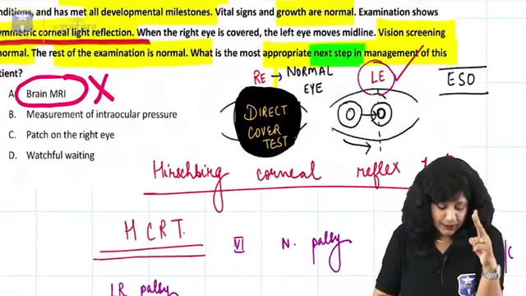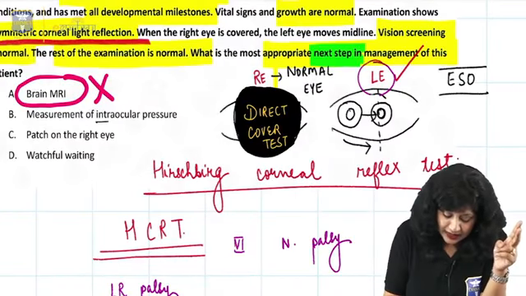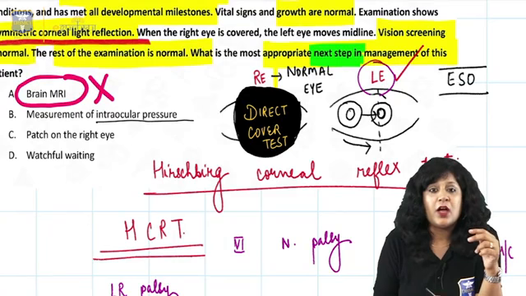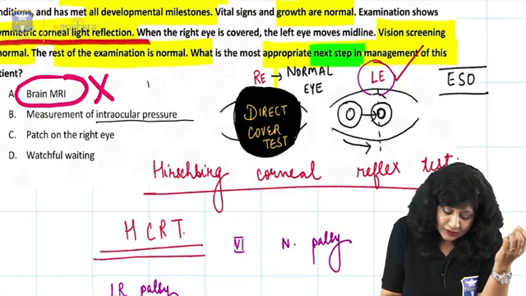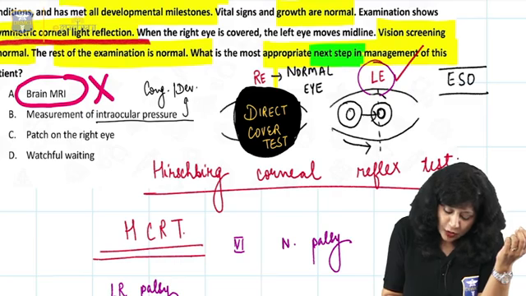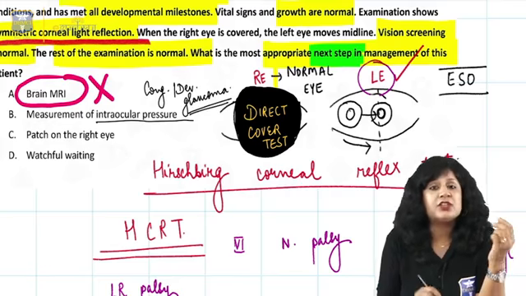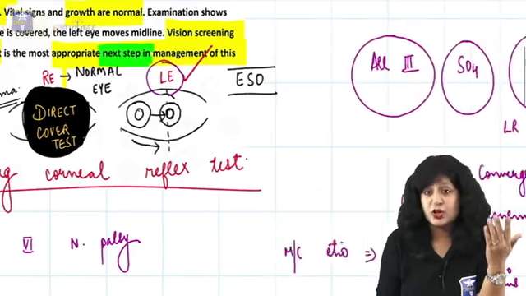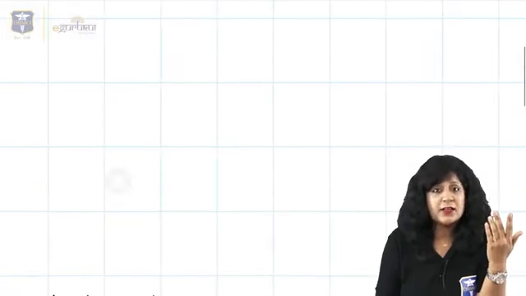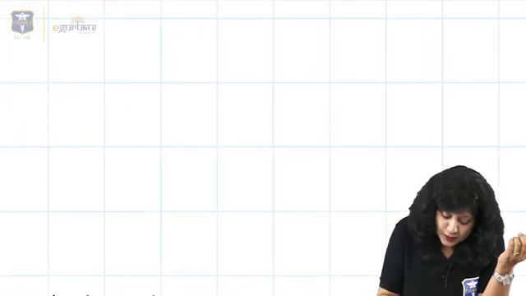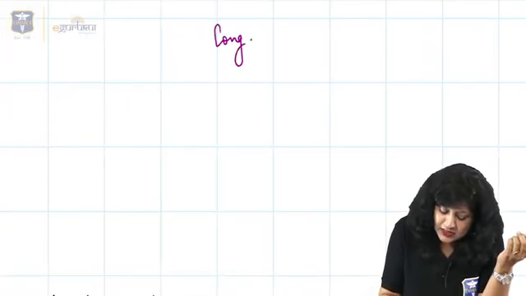Looking at the option number B, measurement of the intraocular pressure. Now, intraocular pressure means I am thinking about the congenital or the developmental glaucoma. Only then I am expected to do the intraocular pressure. Now, is the presentation of congenital glaucoma like this? No. What you are expecting to be present in the congenital glaucoma?